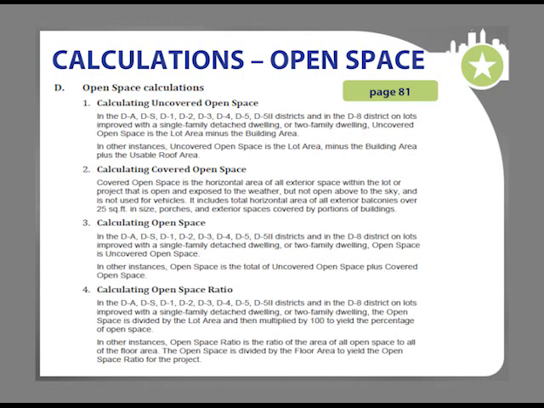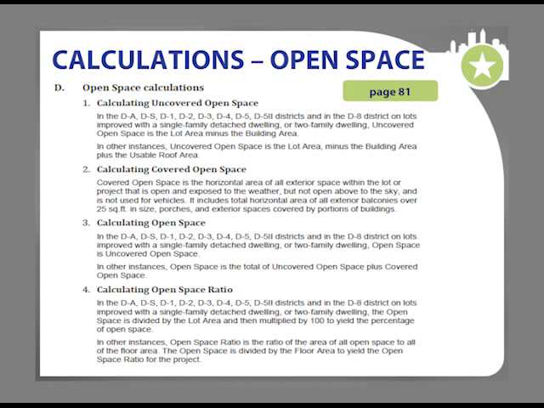This calculation of open space, we note that open space equals uncovered open space. That is to say, it may not have a roof over it. So for example, if you have a porch that has a roof over it, that does not qualify as open space in these calculations. If you have in the backyard a shelter over your gazebo, over your picnic area, because it's covered, that area does not count as open space.